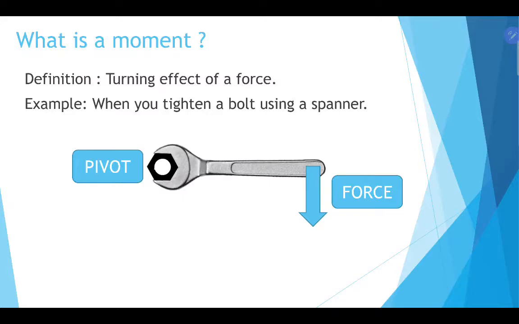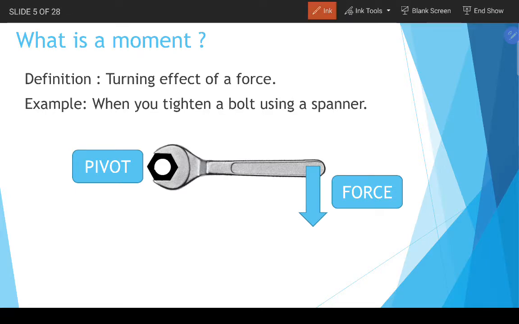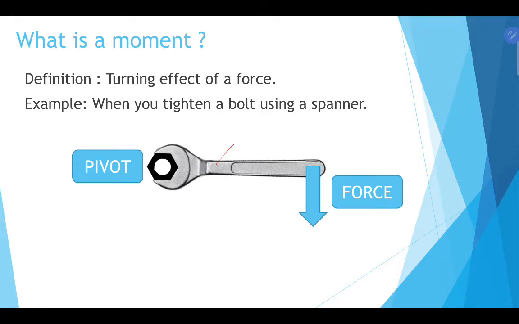From that, the definition of a moment is just the turning effect of a force. One common example, if you look at the textbook or Google this topic online, is a spanner and a bolt. This is your spanner, and this is your bolt. When you use the spanner to tighten the bolt, you turn it.